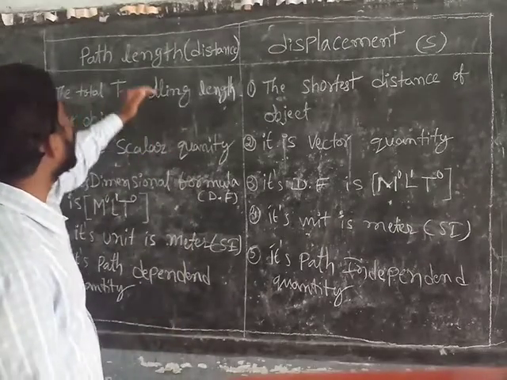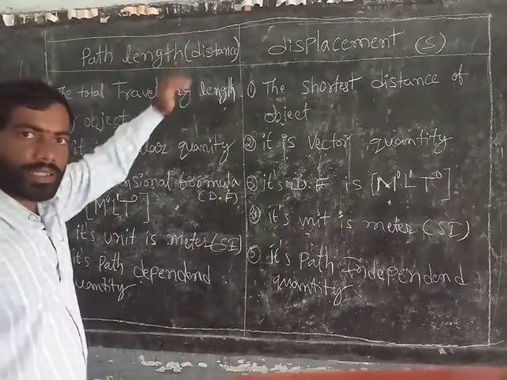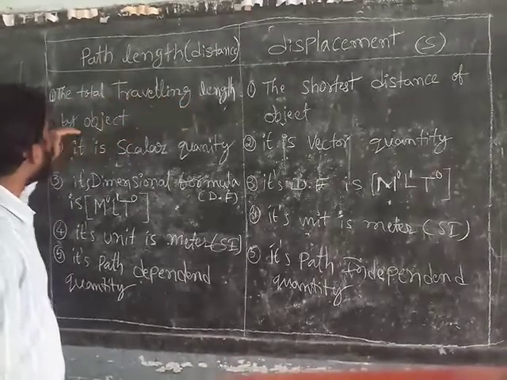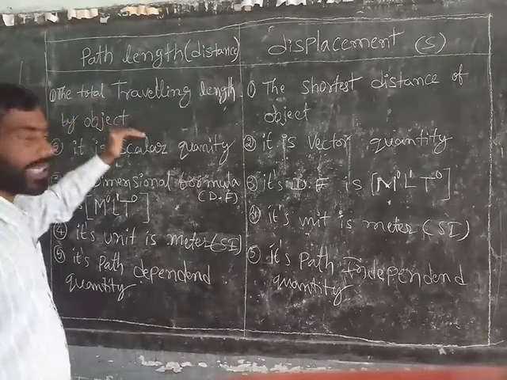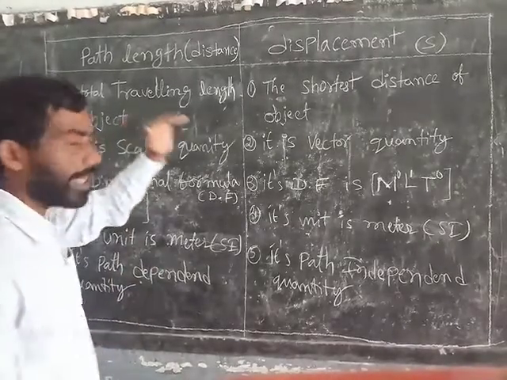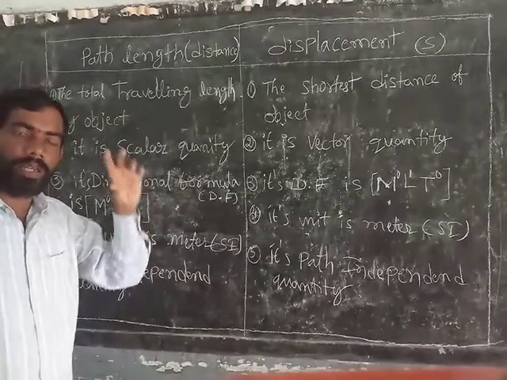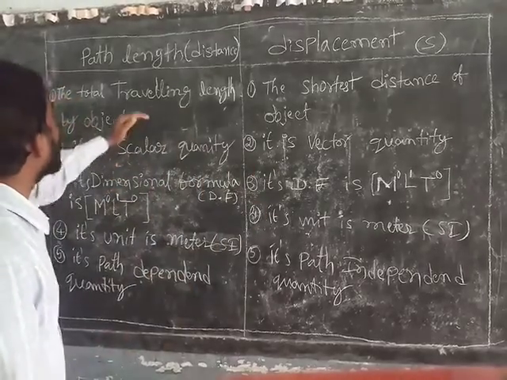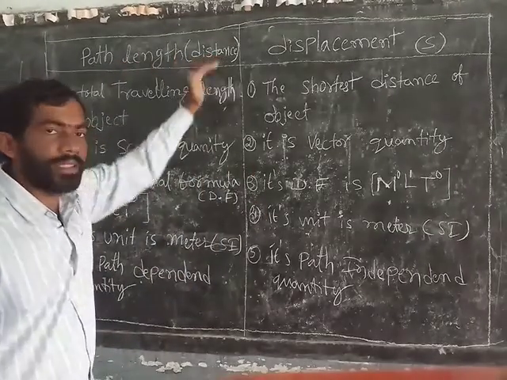Okay, how can we define the path length or distance? Both are the same: the total length traveled by the object. The total length traveled by the object in motion is taken as the path length or distance.